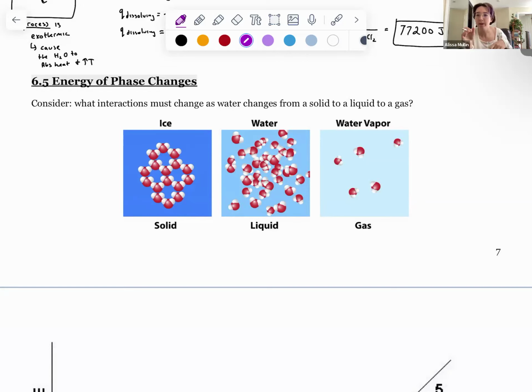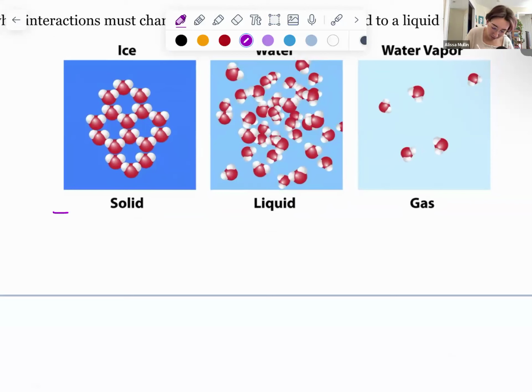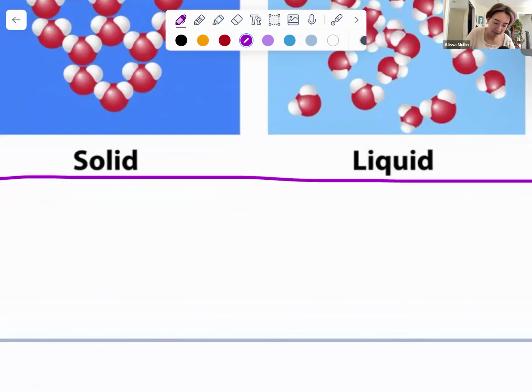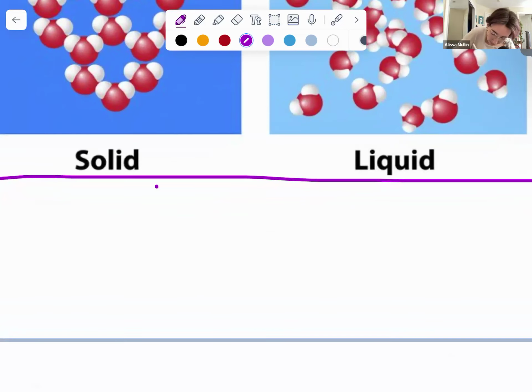Then we have a liquid in which there are kind of mobile IMFs, as things come into interaction. And then there is a gas where they're totally apart from each other. If we're assuming it's an ideal gas, there's no IMFs at all. So the process of changing between these phases, if we're going from solid to liquid to gas, we have to break IMFs or whatever it is holding them together.